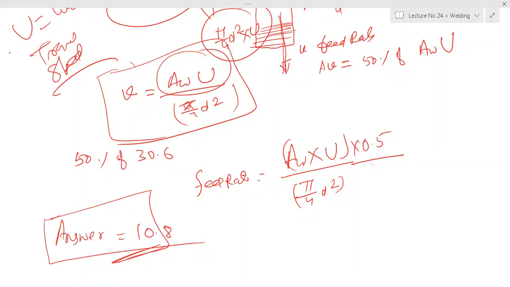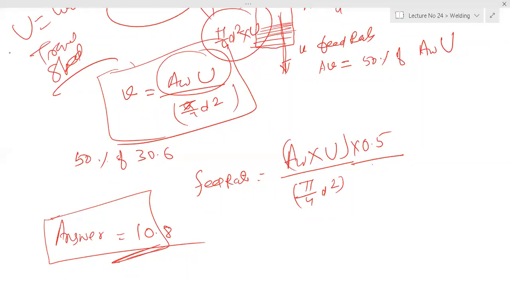You should not rely always on your trainer or teacher. You should know, you must be clear, and you should stand in your concept. So basically, this problem tells you that 50% is your filler material and 50% is your parent material.